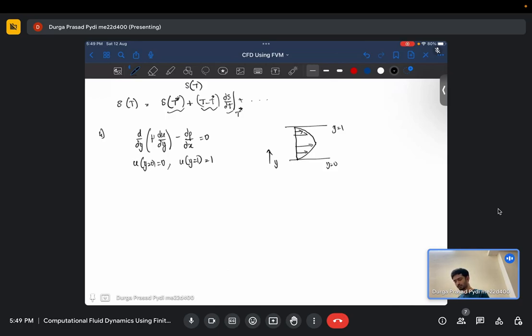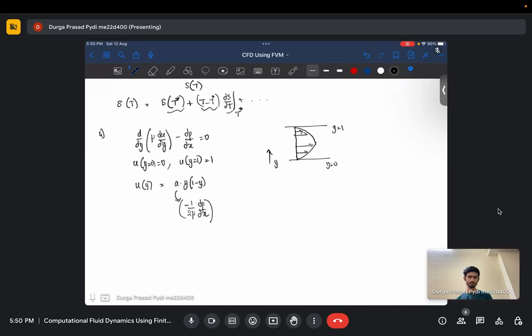If you solve this equation, you will get u as some constant times y into (1 minus y), where this constant is a function of your pressure gradient and your viscosity. If I remember correctly, it will be something like 1 by 2 mu dp/dx.